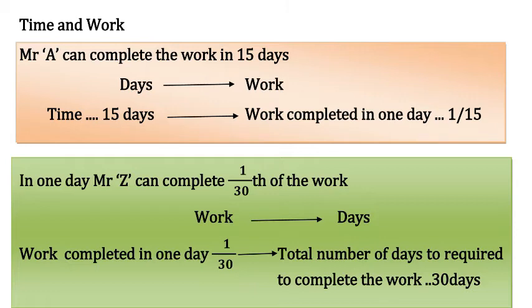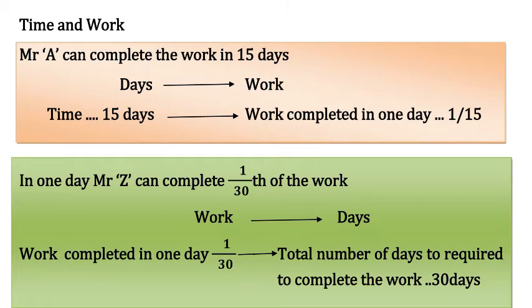Look at the first example. Mr. A can complete the work in 15 days. That is the statement. In this example, the work is not mentioned, and the number of days that he took to complete the work is given as 15 days.